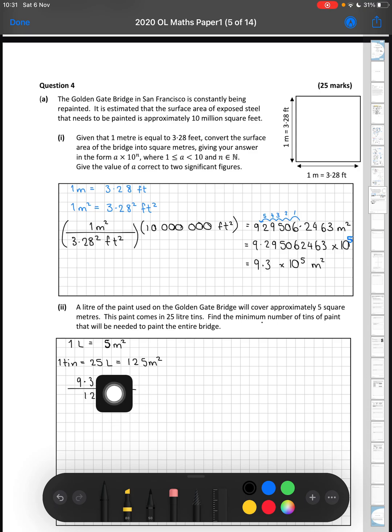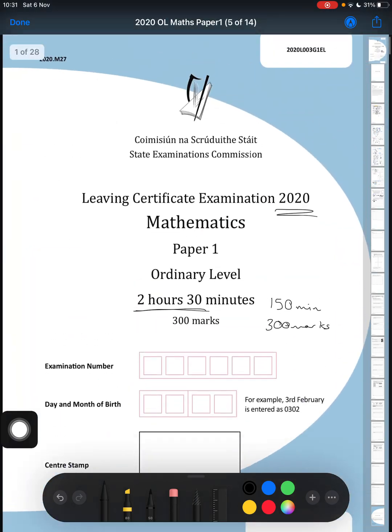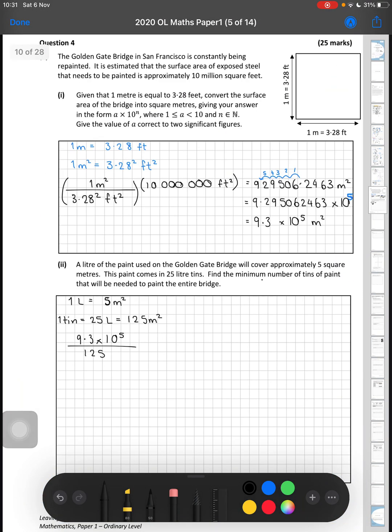Okay, I'm pressing that. So it's 9.3, and then this button, and then I'm not pressing power. I'm literally putting 5 in. So 5 as the power. It doesn't look like the power in my calculator if your calculator is Casio. So that's my numerator, and then I am putting that over 125.